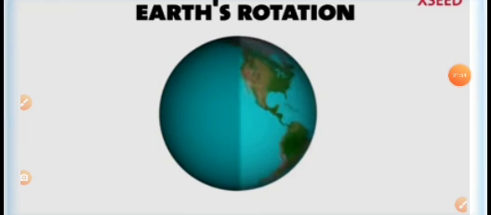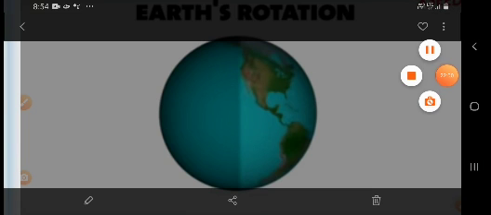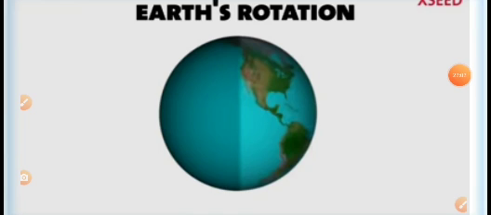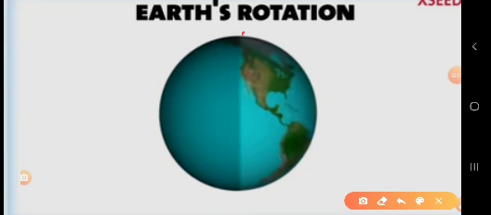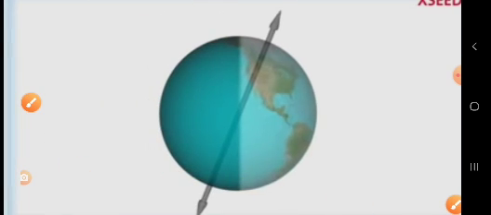Children, this is earth and we are going to read about the rotation of earth. Now children, this is the center of the earth. Can you see the center of the earth, children? Yes, this is the center of the earth. Now children, we have another line which is passing from the center of the earth.